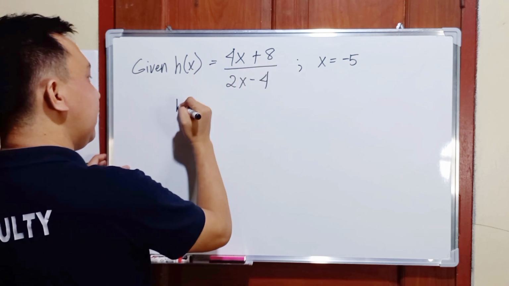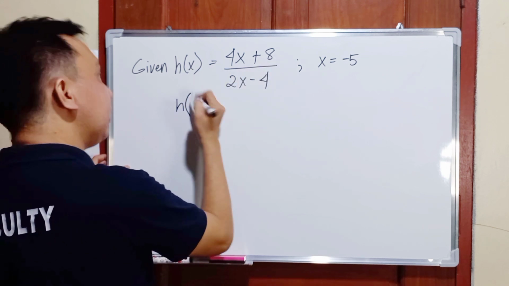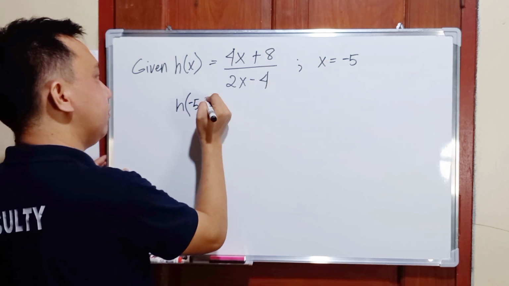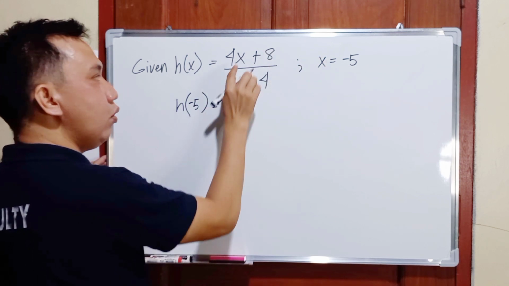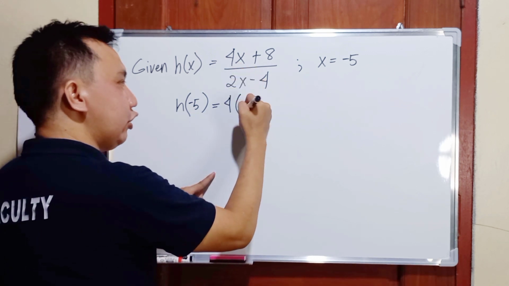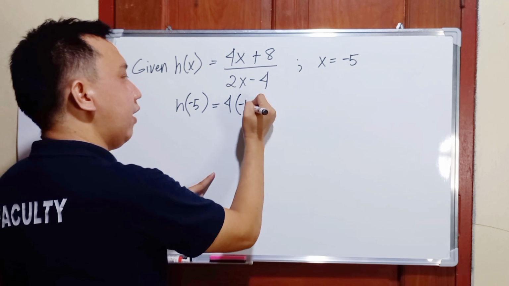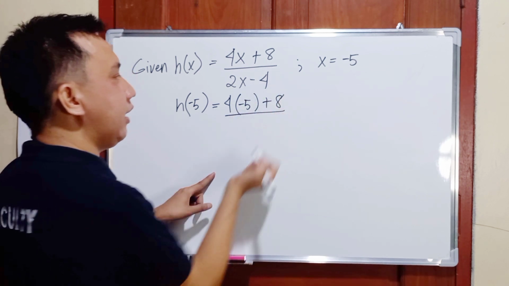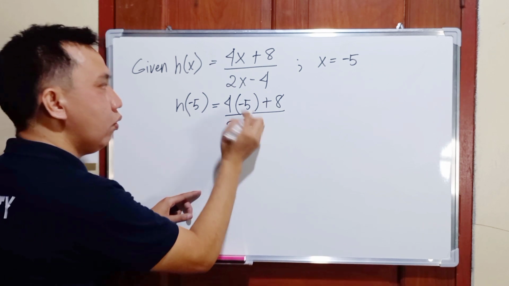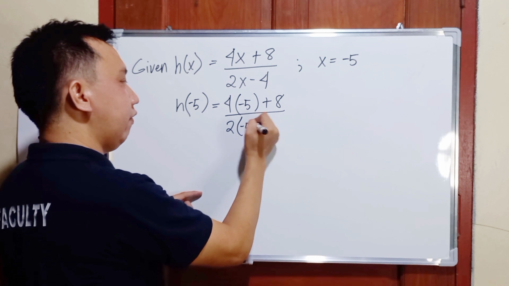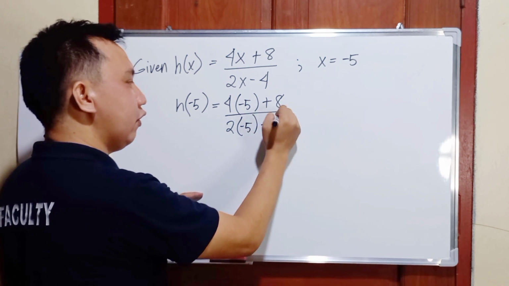So, that is h. Ang ating x, palitan ng negative 5. Is equal to 4, kopyahin ng 4, merong x, substitute by negative 5, plus 8 divided by 2, meron na namang x, substitute by negative 5 minus 4.